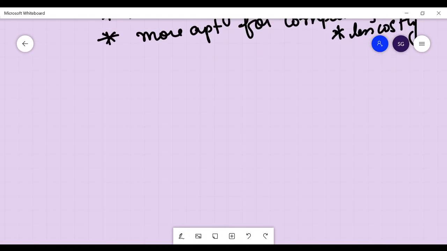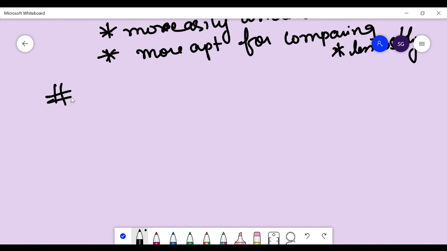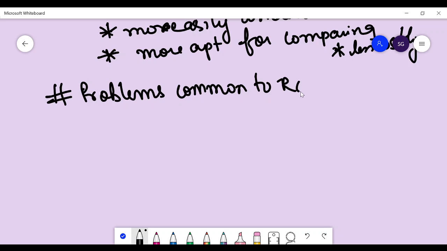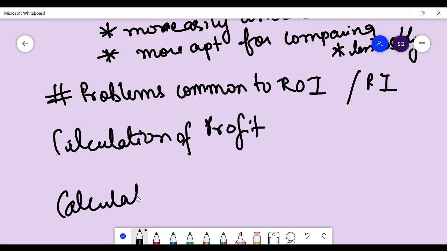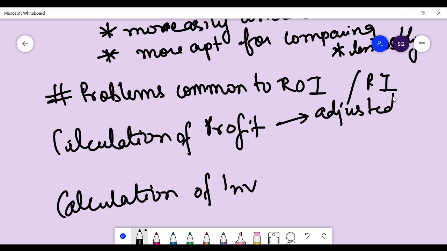Now we will study what are the problems common to return on investment and residual income. Calculation of profit, calculation of investment. Profit has to be adjusted to reflect controllable and traceable items only.